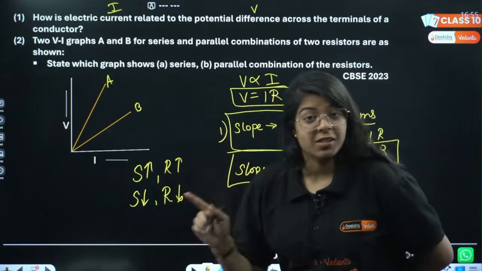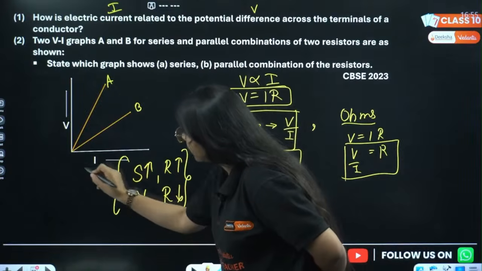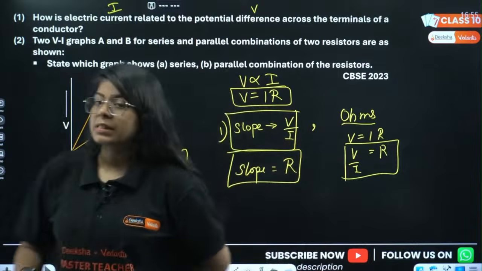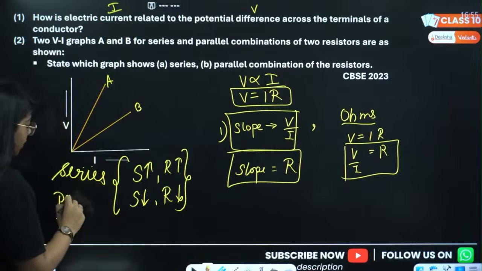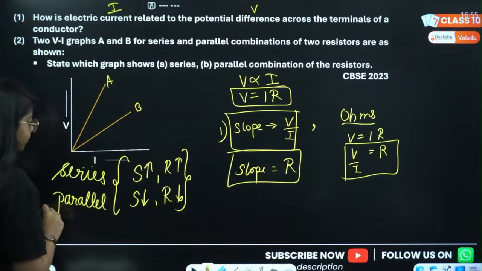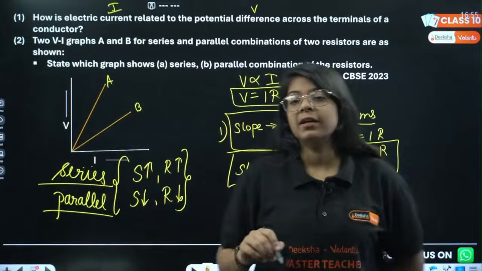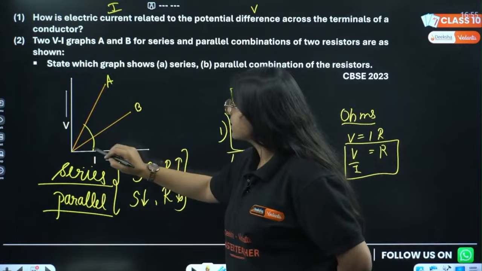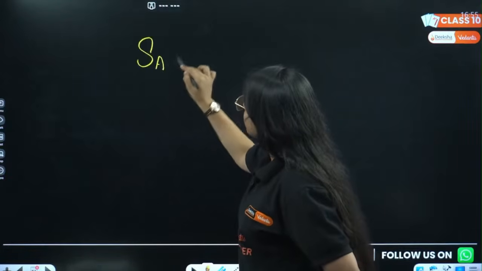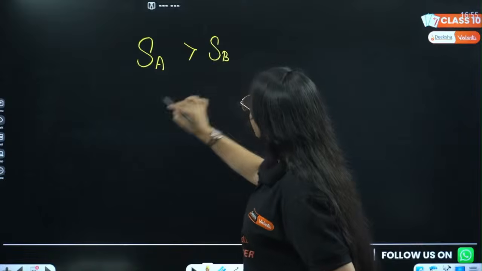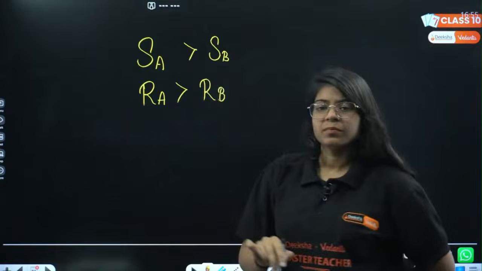Right? And we just studied in the last example that resistance is high for series. Resistance is high for series and it is low for parallel. So the slope of A is definitely more than the slope of B. So the resistance of A is more than the resistance of B. Easy.